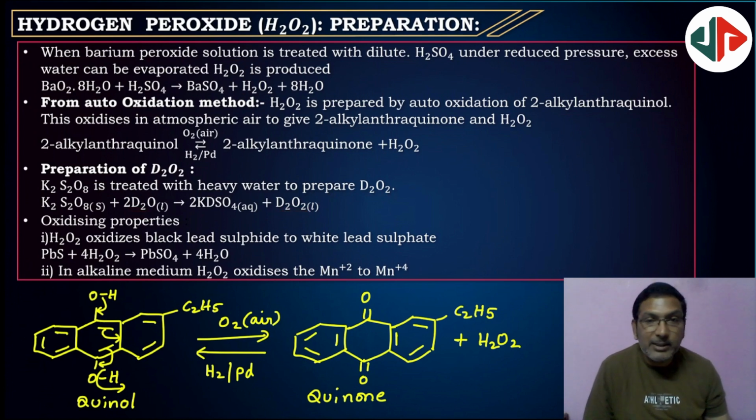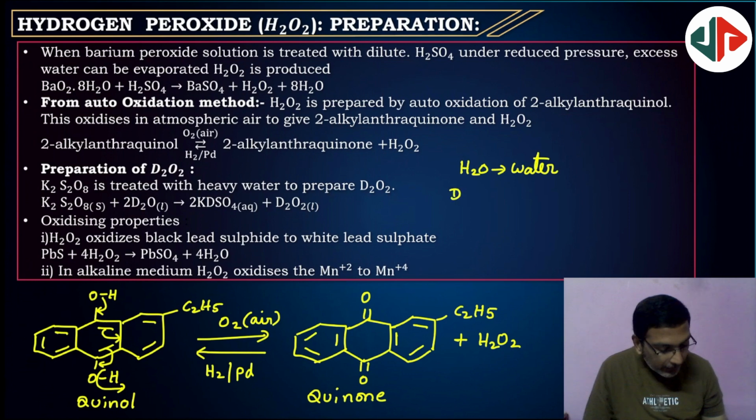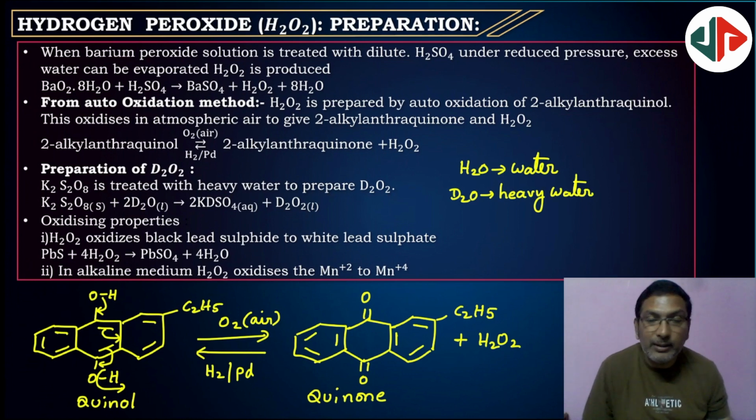K2S2O8 is potassium perdisulfate, and it reacts with D2O, heavy water. Remember, H2O is water and D2O is heavy water, because deuterium is heavy hydrogen and the molecular weight increases.